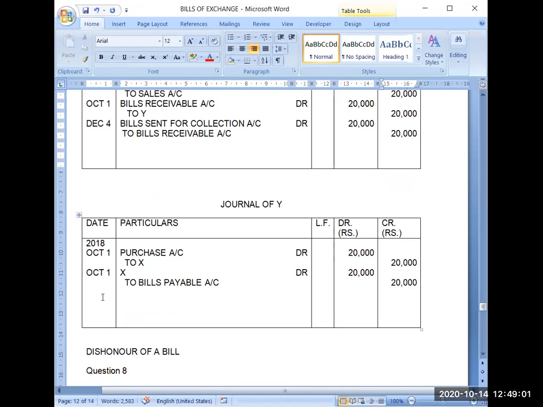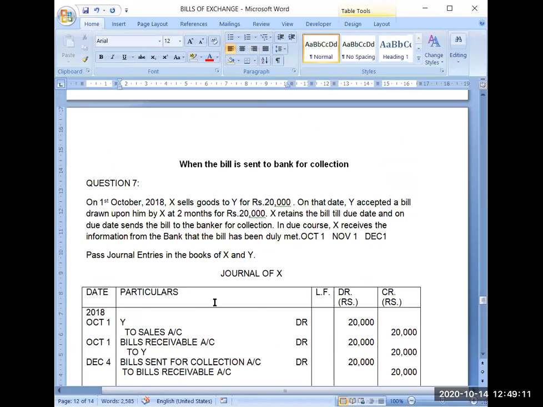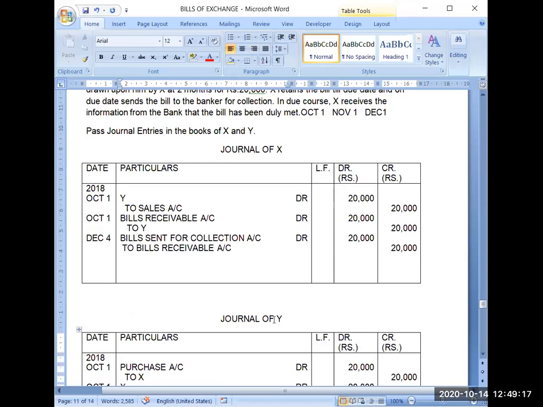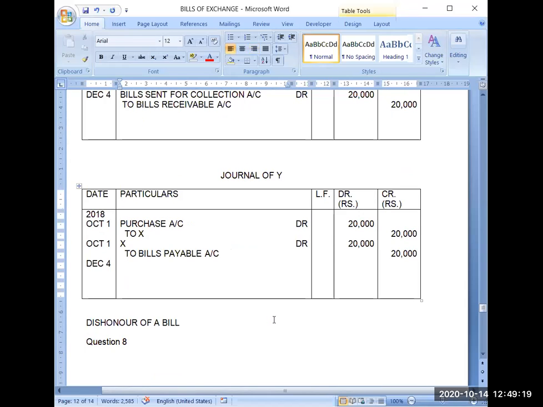But then afterwards, what will happen on December 4? X banker will present the bill before Y. So Y will make the payment. It is clearly mentioned in the question. X receives the information from the bank that the bill has been duly met. So Y will make the payment.